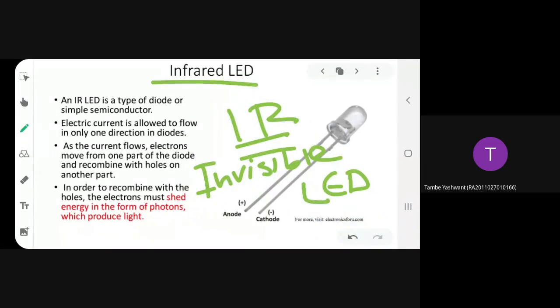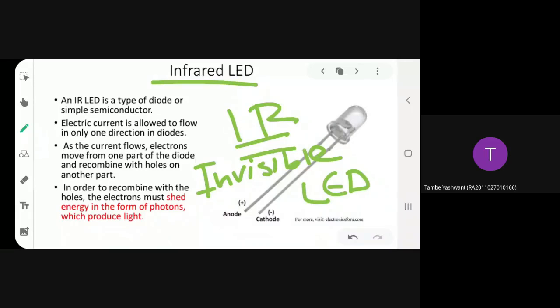If you use that material for manufacturing this LED, it will be able to emit IR light, an invisible light. The action is similar to the LED action. When you give electric supply to the LED, the electrons fall off from the conduction band, and while falling off they emit light in the form of photons.